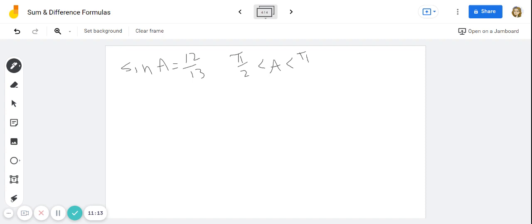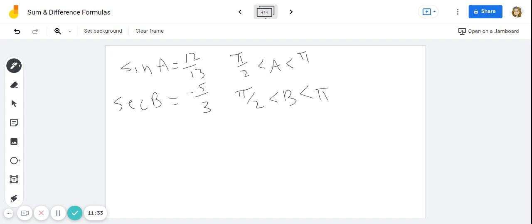Okay, and then they tell us that secant of B is equal to negative 5/3, and that B is in between pi over 2 and pi as well. Okay, so both of these are in the second quadrant.